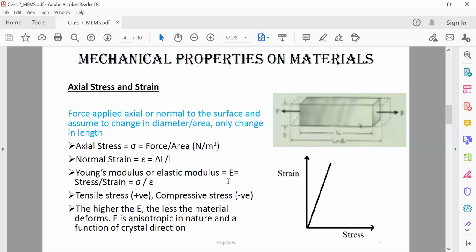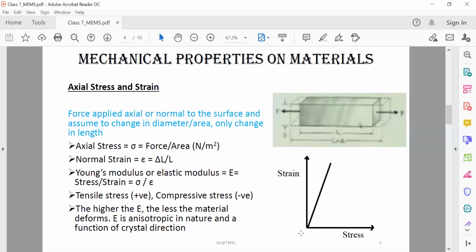Okay, and this is the curve of stress versus strain. If you increase stress, it will just follow a straight line path, and strain, meaning elongation, will be there in a certain perpendicular direction. So this is a stress strain curve, and so long as it is linear, it is used. And as it becomes non-linear, some other deformation takes place.